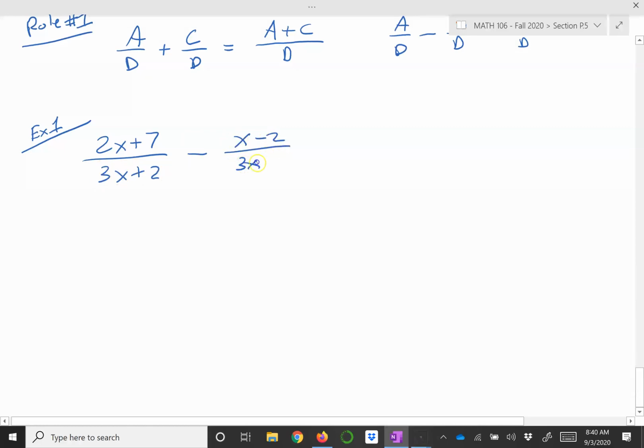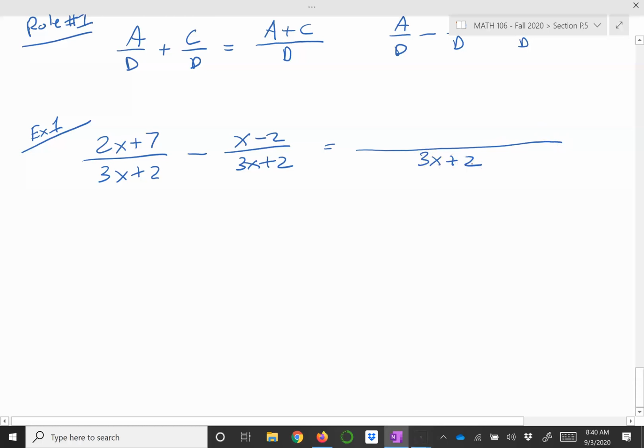Okay. All right, so here's an example where you're subtracting polynomials. Well, rational expressions that contain polynomials. Now, first thing to do is to check to see if the bases are different. So by base, I mean denominators, right? So they're the same denominator. So the 3x plus 2 remains on the bottom because they're the same.